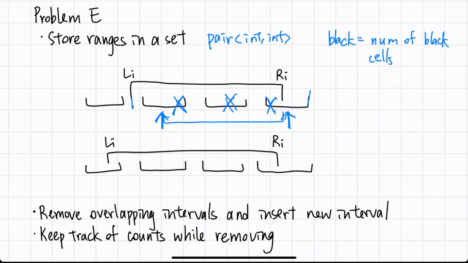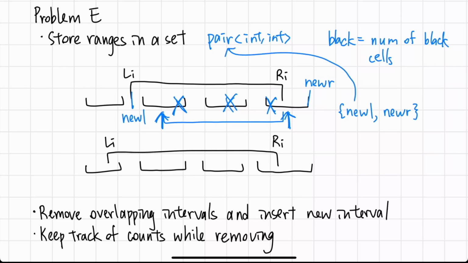When we want to add this back, because this is overlapping, this would be new R. And because this is not overlapping and this part is smaller, this value would be new L. Then we would add this interval, new L new R, back into this set.